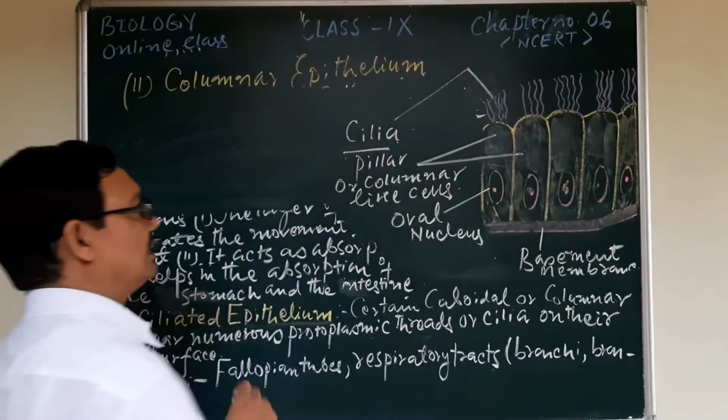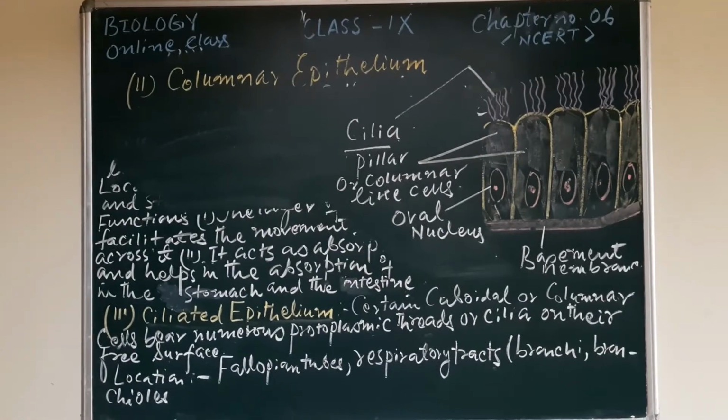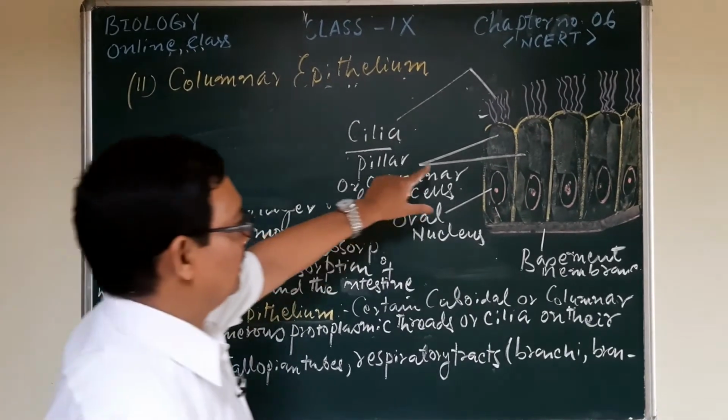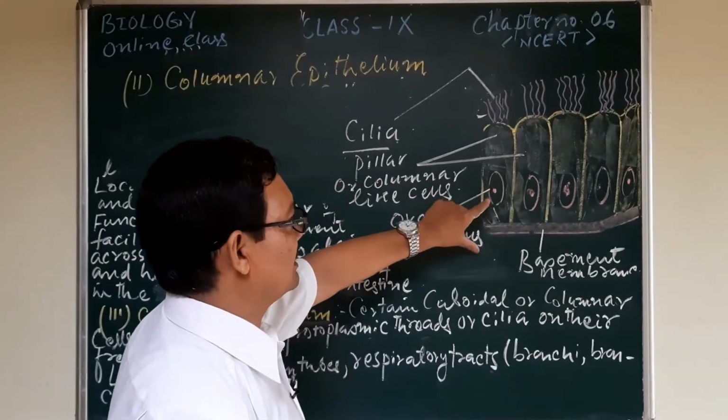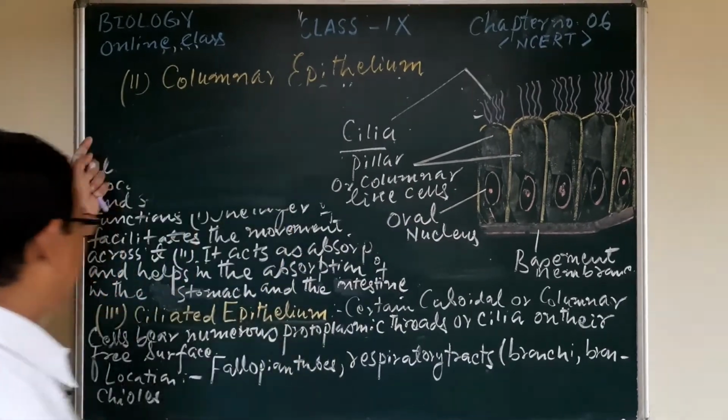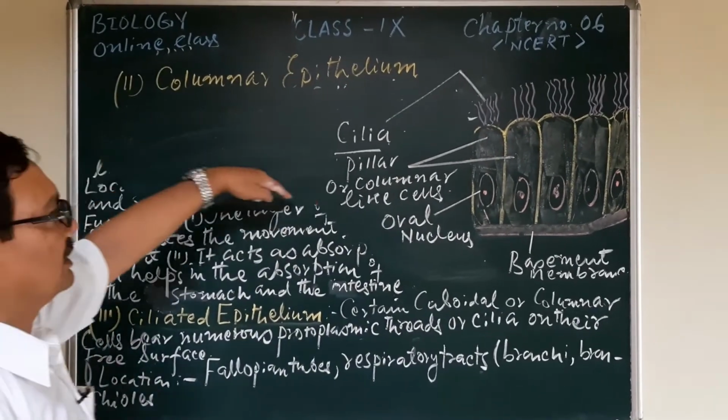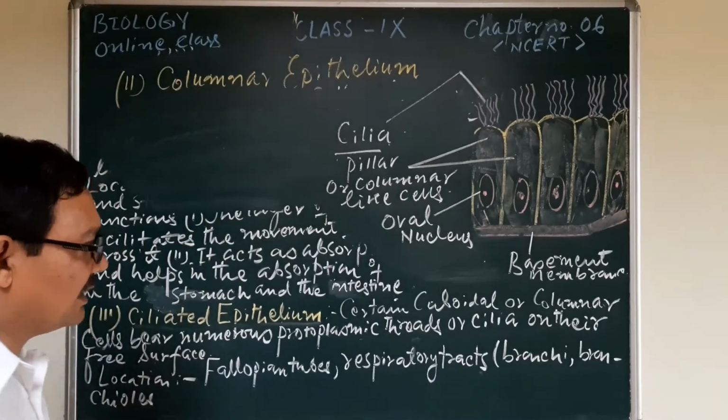So you may see here this diagram is for both ciliated and for the simple columnar. Understand?